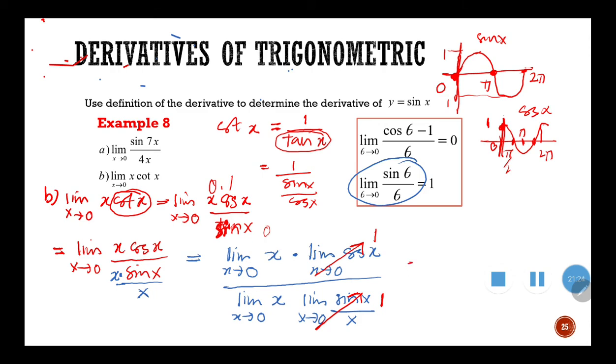But look carefully, this is actually the limit of x over x.